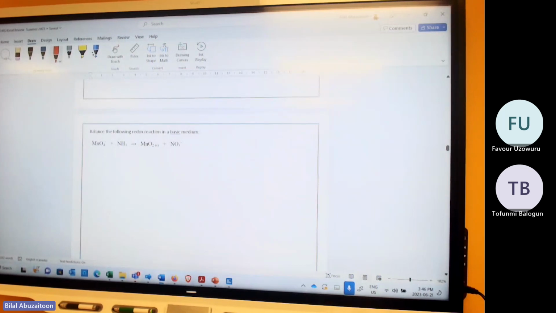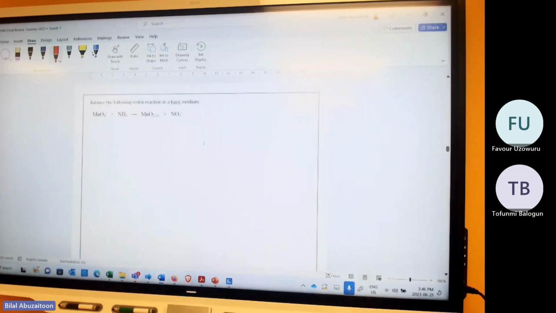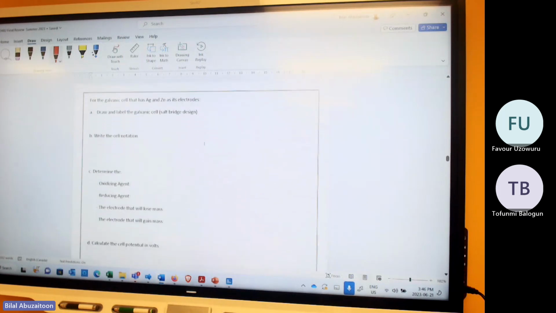Okay, balance in basic medium. Do we need to do it? No. I think we're good. Oh, balance. Yeah, we're good. We're good. We're good. Come on, we need to cover it. We're good. We're good. Yeah. Eden, please explain. No, explain this, the balancing formula, okay? Okay. Basic something.